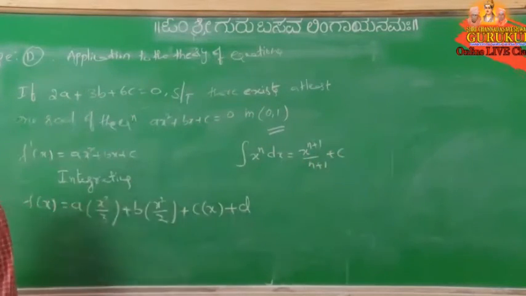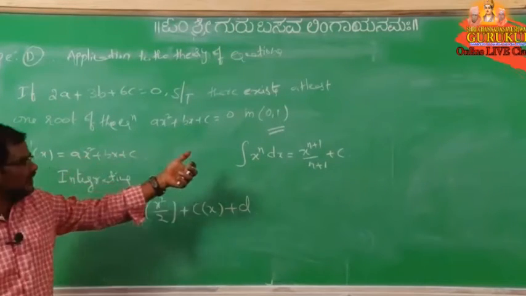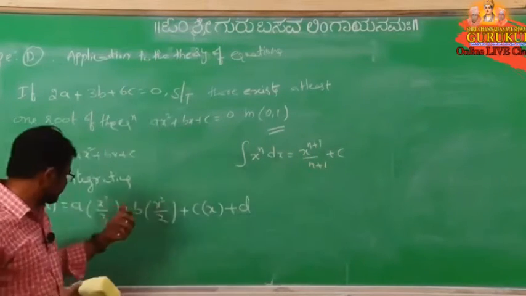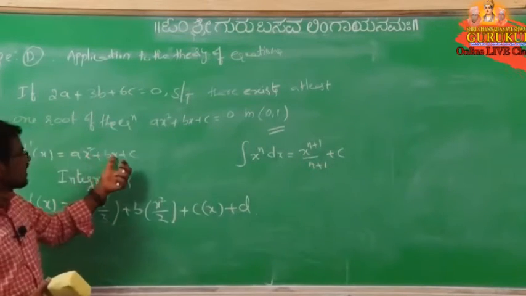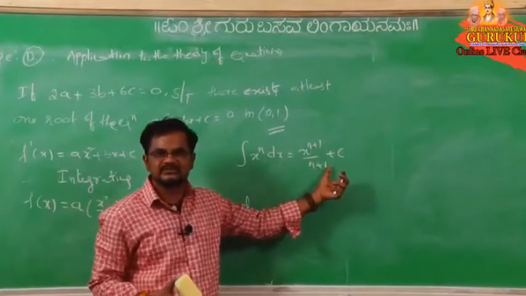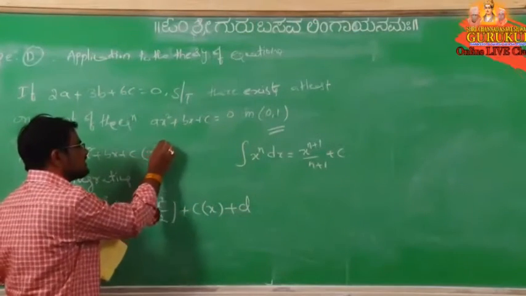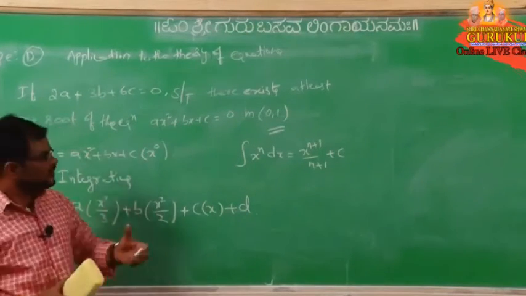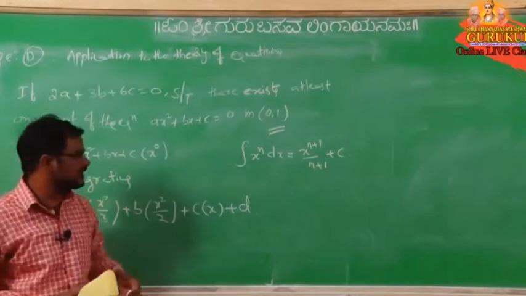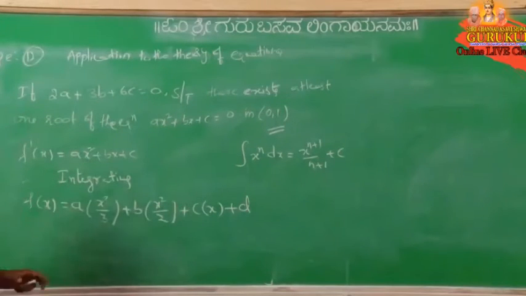Now integration of x square means x to the power of 2 plus 1 by 2 plus 1, that only you taken. Next integration of x, here n equal to 1, means x to the power of 1 plus 1 by 1 plus 1. Next integration of c is c into x to the power of 0, so 0 plus 1 by 0 plus 1, means c x only you will get. Now this is our function.